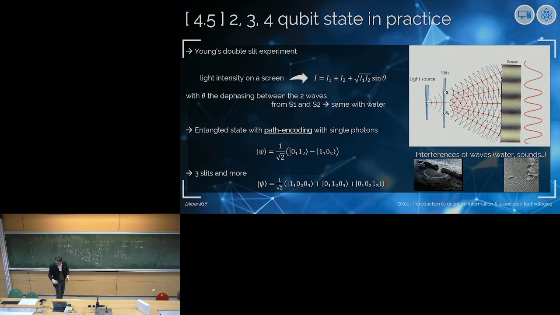And what I can do now is define a particular type of entanglement that we call path encoding. Okay? Because when I have a photon impacting on the screen, I don't know which hole it went through.